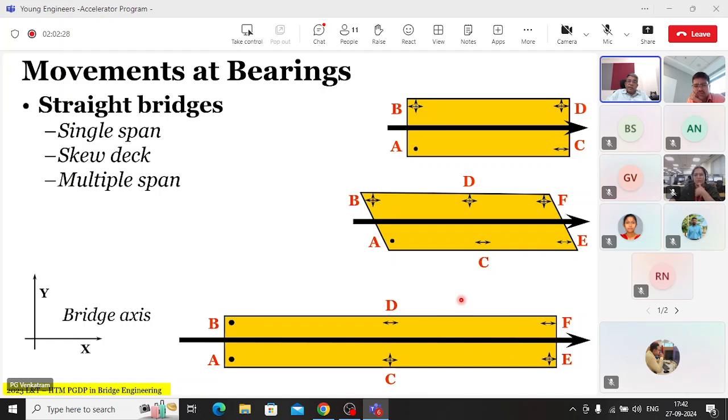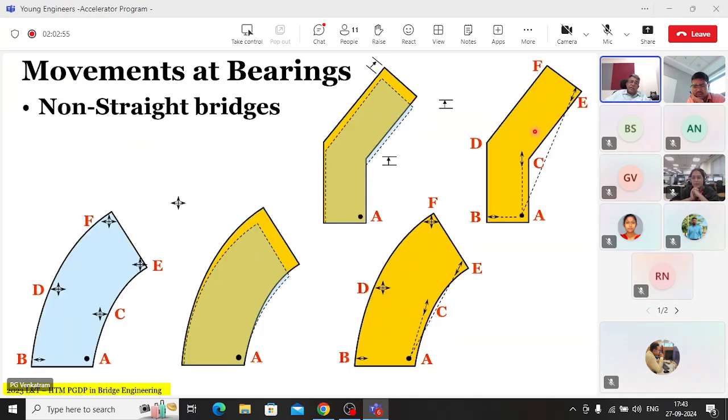Okay. Then you have the issue of problems with straight bearings: single span, skew spans, and multiple spans. You have single span, skew deck. All these you have to be worried about in terms of how you arrange the bearing. So always remember polar radiating versus tangential. You have all these various possibilities. In non-straight bridges, how does the movement of the bearing take place?